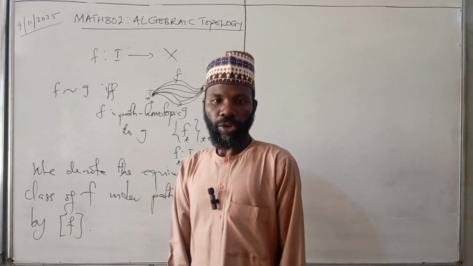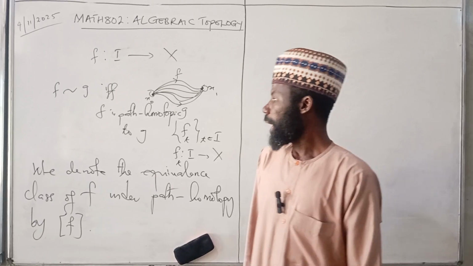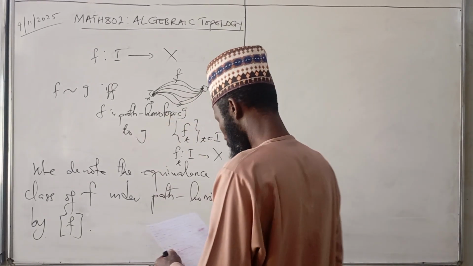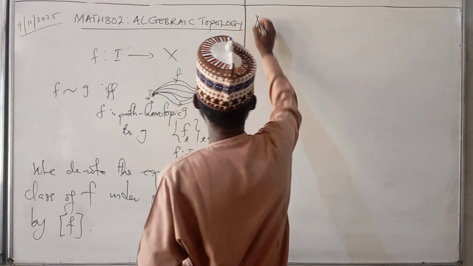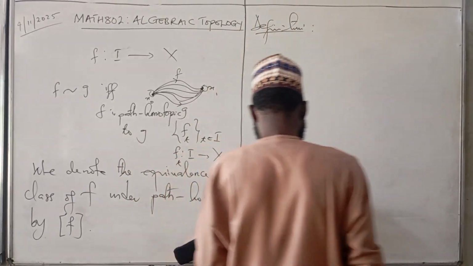So we require a binary operation, a way of combining paths. And you can do that if the paths share a point. So we define the product of paths.